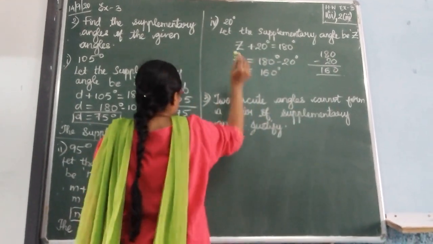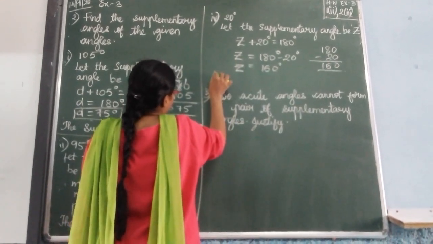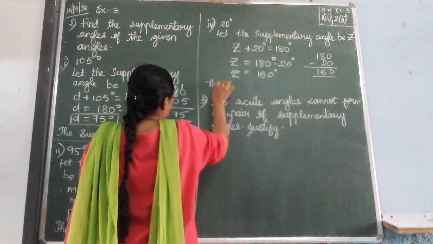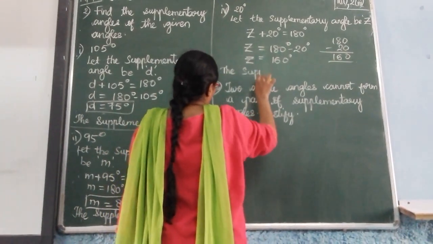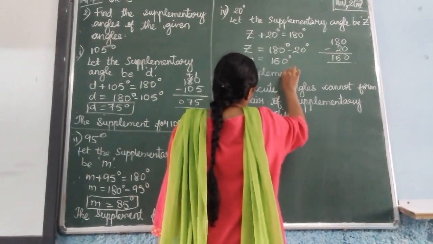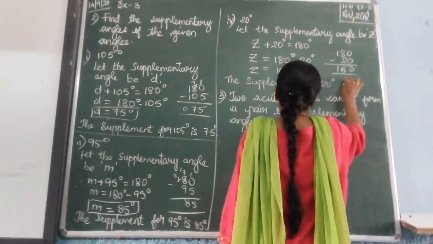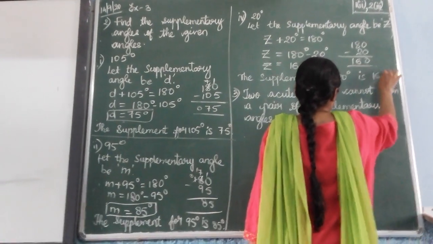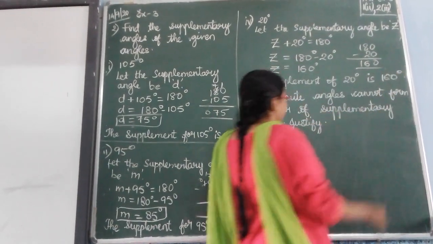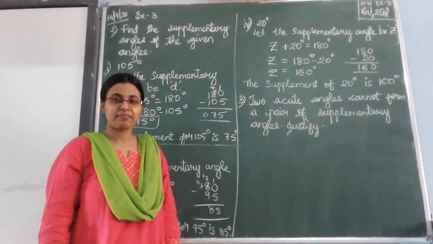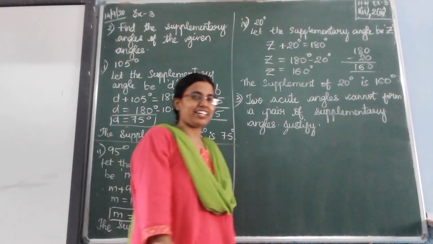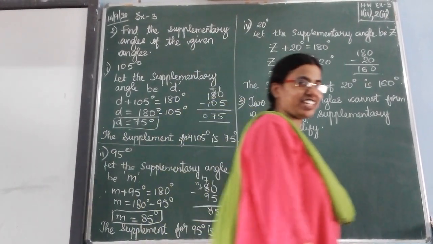So you got the answer, Z is equal to 160 degrees. So the supplement of 20 degrees is 160 degrees. Did you get the same answer? If you have got the same answer, that's a well done from your teacher's side.